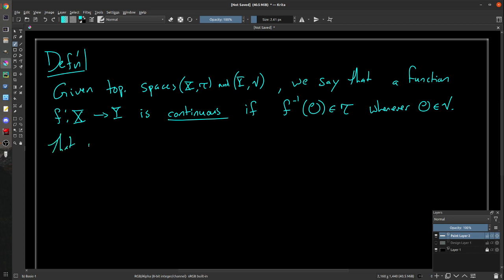That is, if the pre-image of every open set is open. Notice we've defined continuity so generally that we don't have to talk about anything other than topology. Continuity is a purely topological concept. No extra fancy anything necessary.